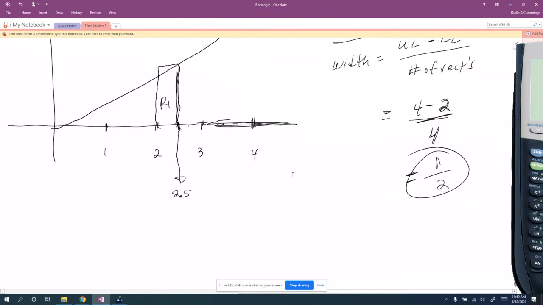All right, so I'm going to do this all in one step. So we're going to write out the total area. All right.